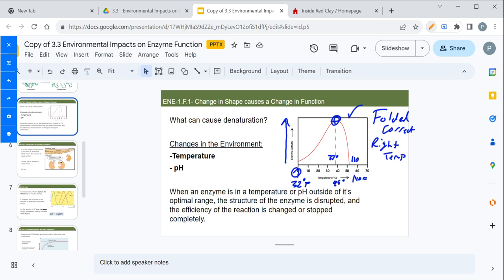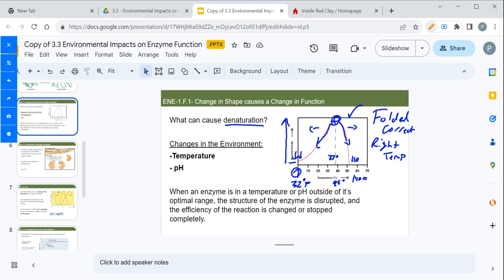There's no other nonsense happening in there, right? Well, once I start to increase or decrease the temperature, it causes the enzyme activity to decrease, right? And this is actually the denaturation taking place, where it's losing its shape, and as it loses its shape, it loses its function, which means that its activity decreases and decreases. So that's what's typically happening here.